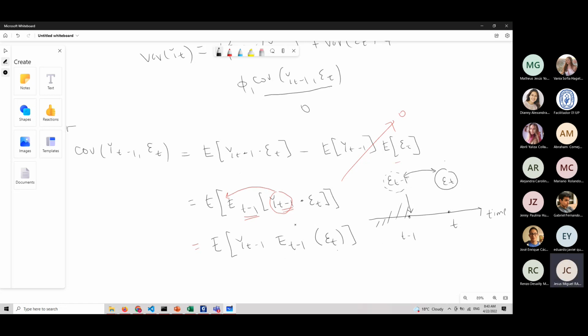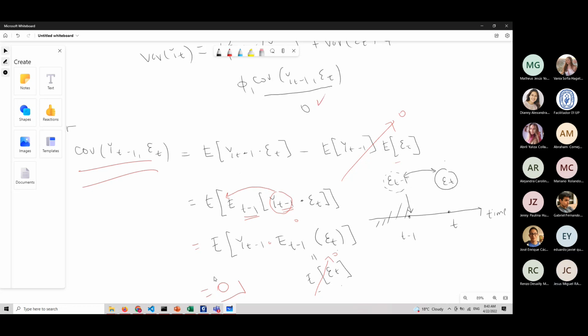So this conditional expectation is the same as the unconditional expectation of epsilon t, which is 0. So this is 0 times yt minus 1, which means this is 0. So the covariance between yt minus 1 and epsilon t is 0.